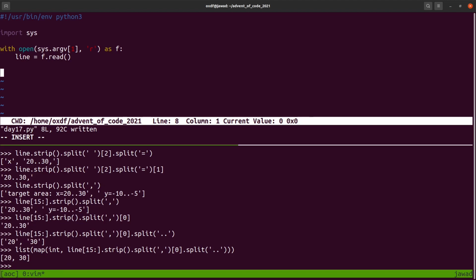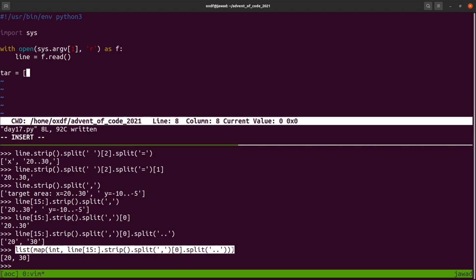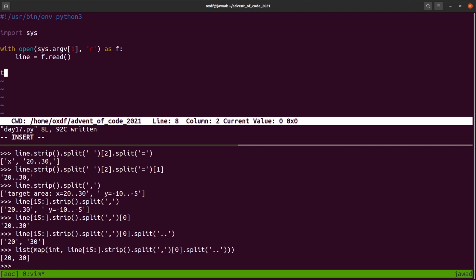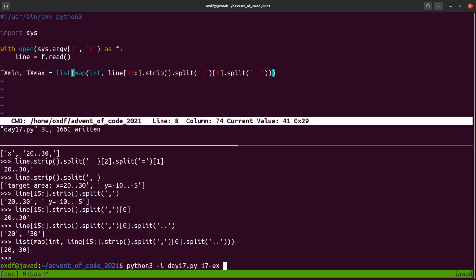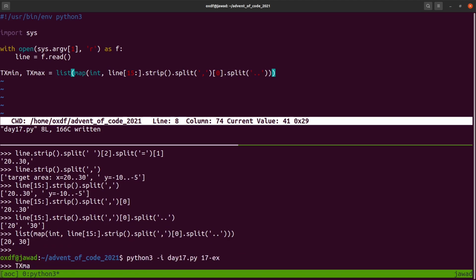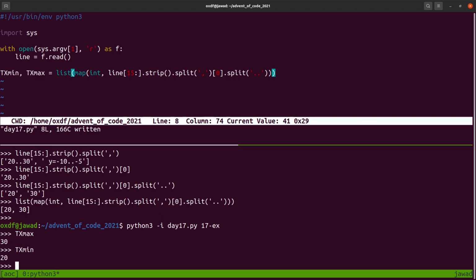We will call this tar x min, tar x max equals that. Let's run that, make sure that worked. tx max 30. Beautiful.